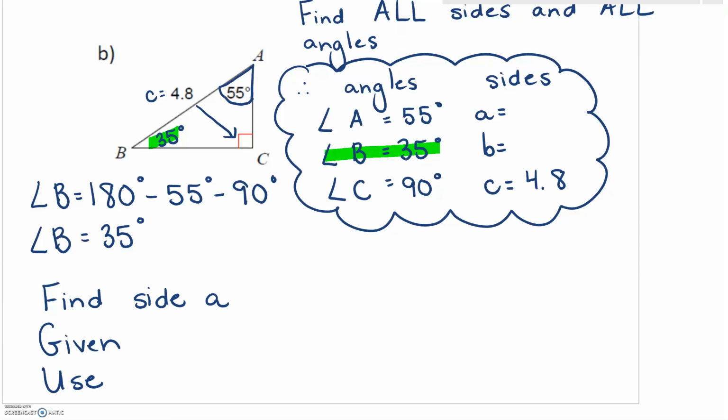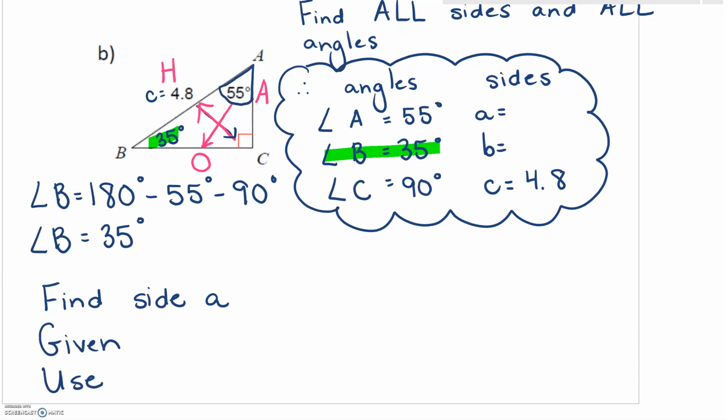So from that angle, we know that the opposite side of that would be the opposite. The opposite side from the right angle is the hypotenuse. And then we have the adjacent, which is the other only lonely side, okay?